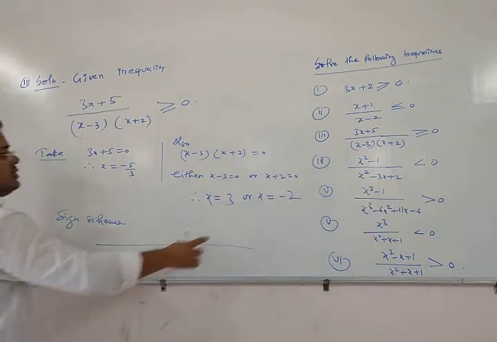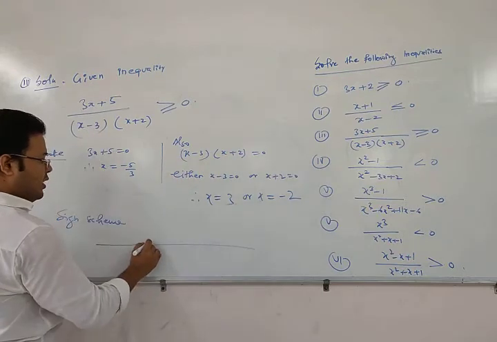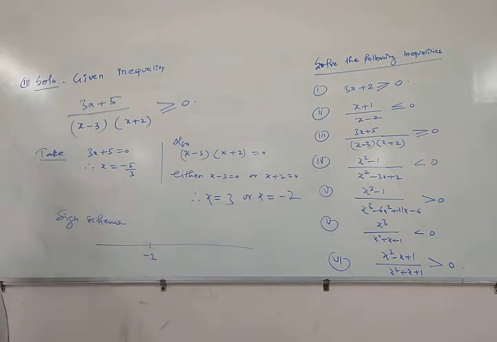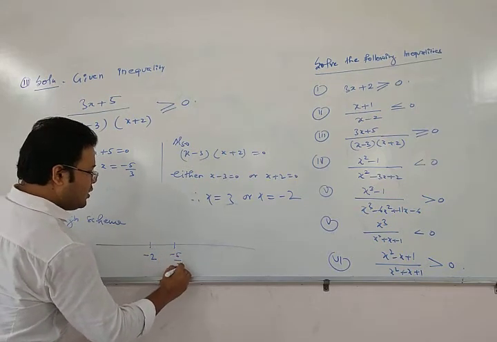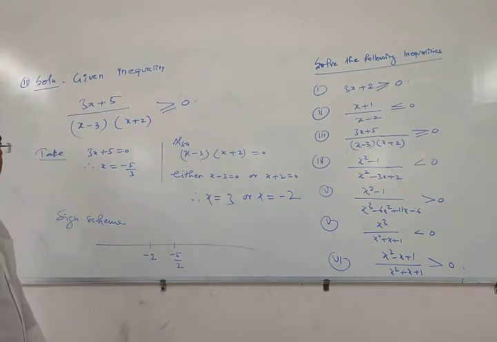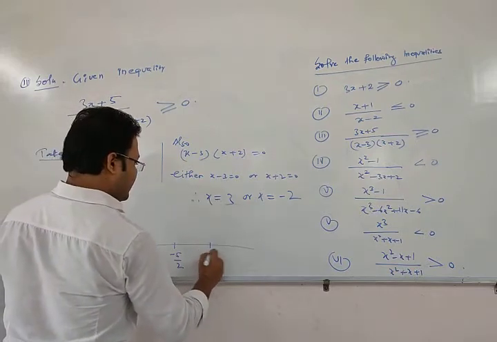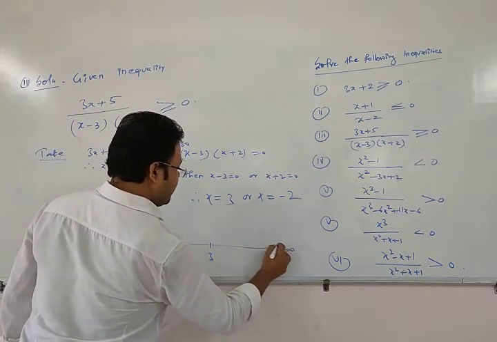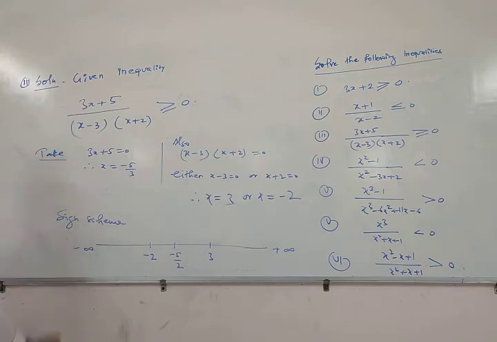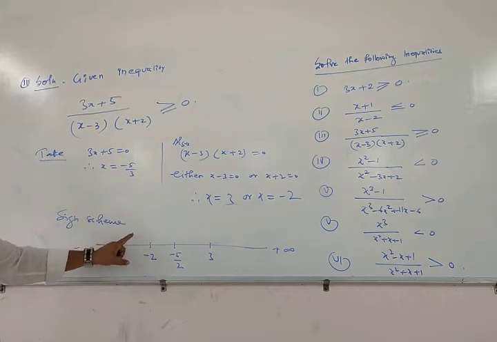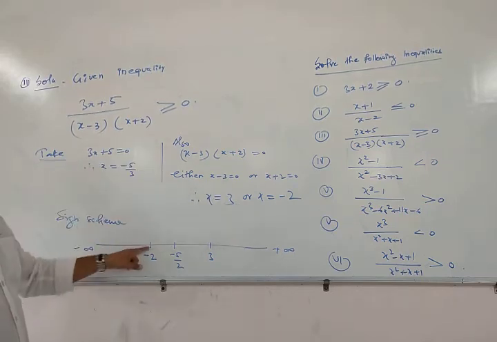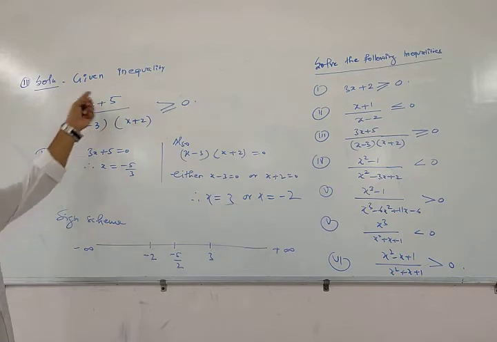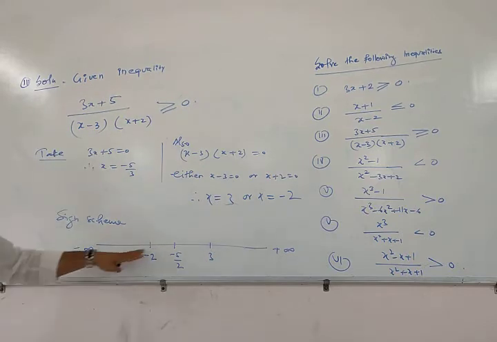The most negative is -2, so we can write -2 here, and then we write -5/3 on the right hand side of -2, and 3 is positive, so we write 3 here, and this is plus infinity and this is minus infinity. Now we have to write the sign in each interval for this rational expression. So 0 is not present here.